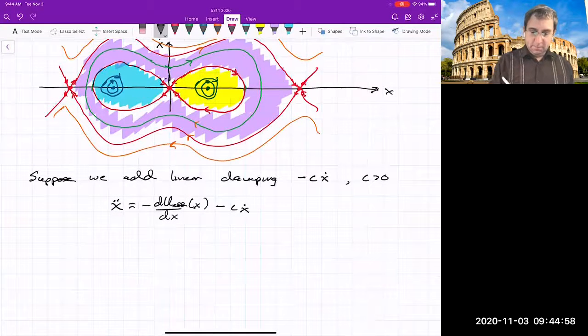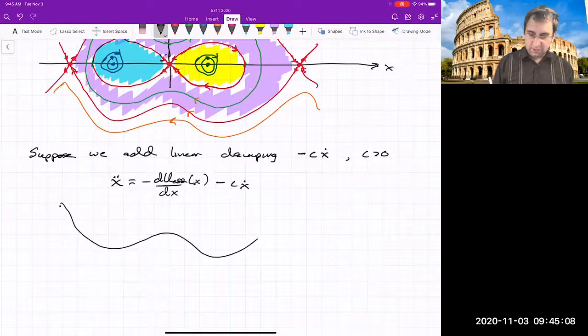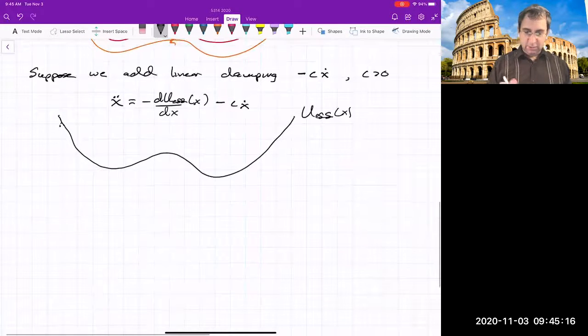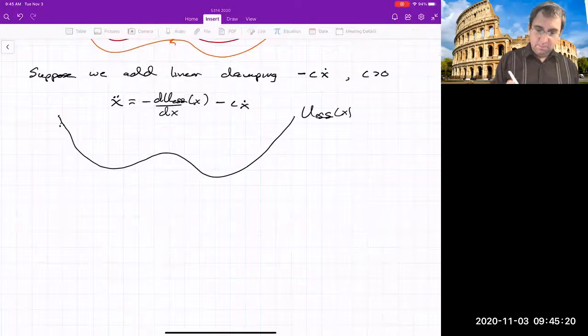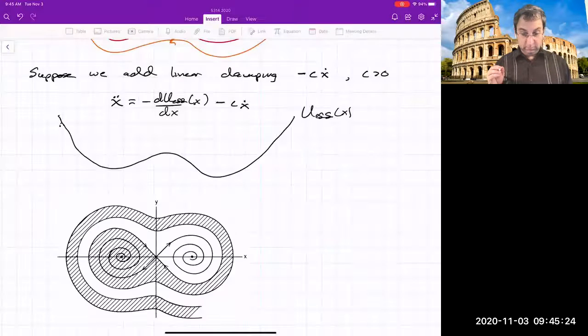Well, what did I have up above? Yeah, this potential energy, I'll do this potential energy. If we had this as our potential energy, then what would we get down below? We would have this situation.